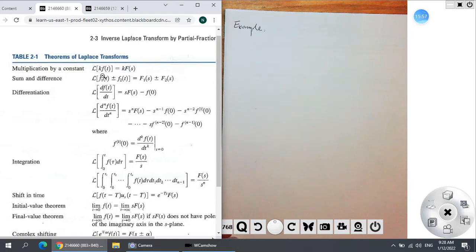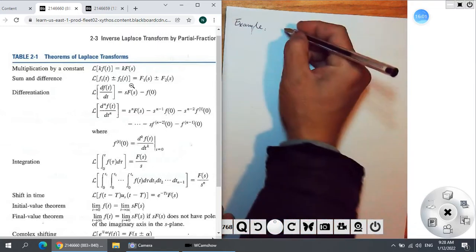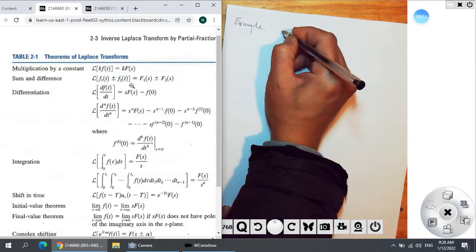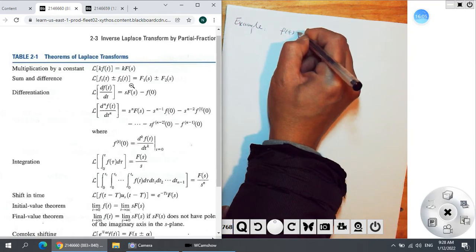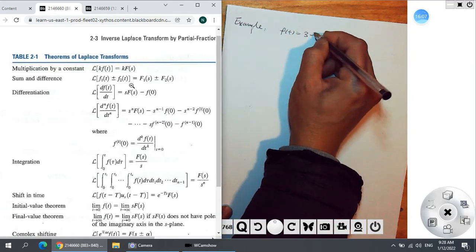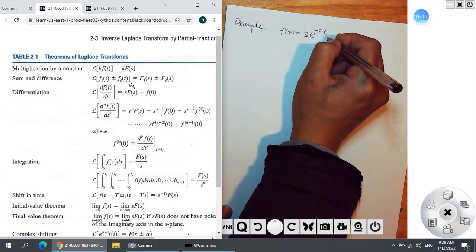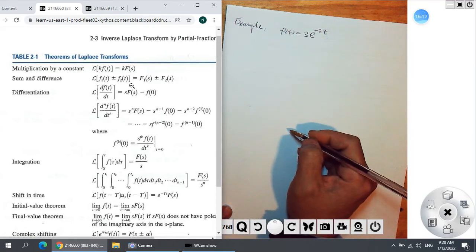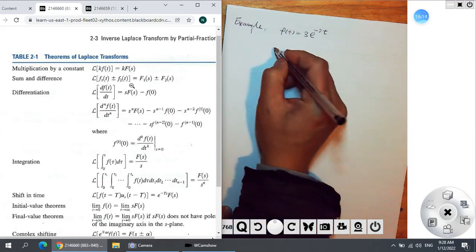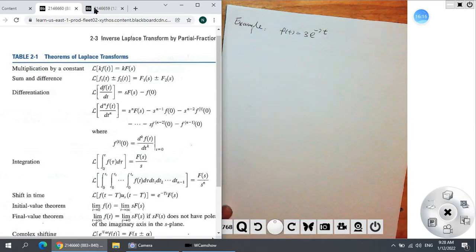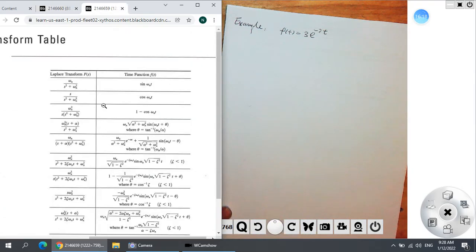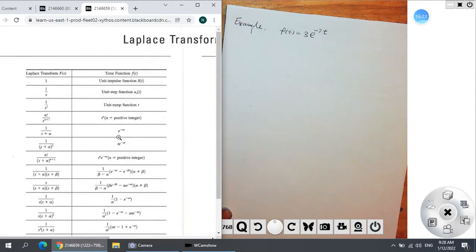So for the first one, what is the meaning of this? How to use it? Suppose we have f of t equal to 3 times e to the negative 2t. Now what is the Laplace transform? By this table, we know e to the negative at goes to 1 over s plus a.